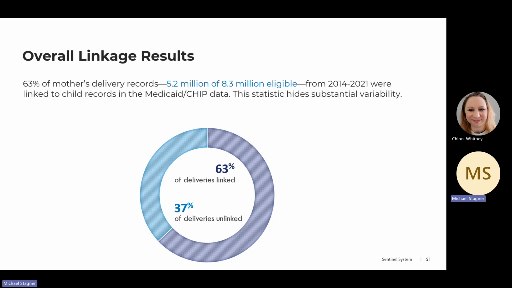And so if you're looking at the data from the final product, you want to make sure that when you're looking at linkage, you're using a denominator just of identified deliveries, because if you use that table and just used all the records, which includes all the identified infants, your linkage percentage wouldn't look correct.